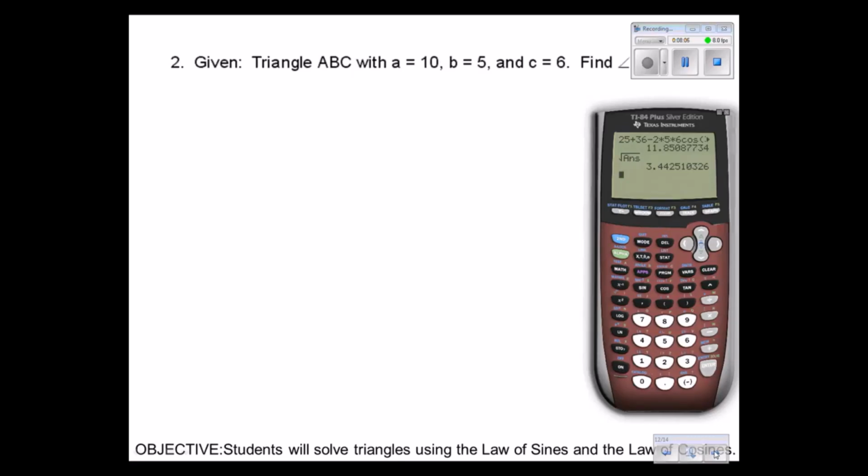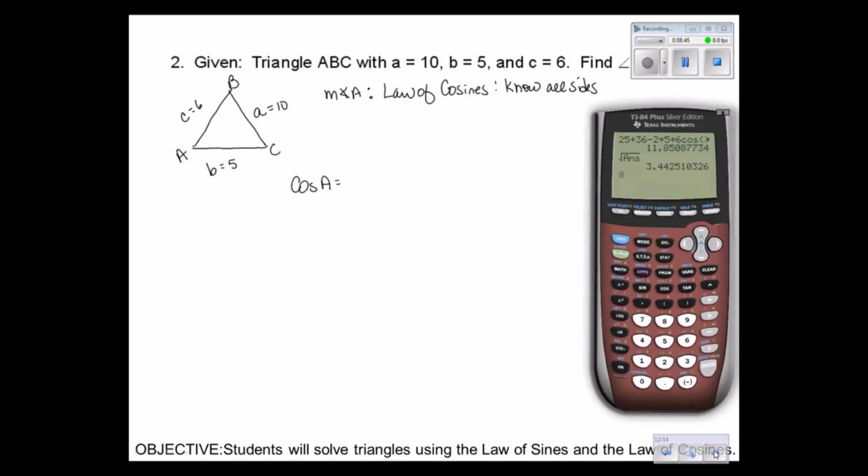Here's an example where we know all three sides, and we're going to use law of cosines. It tells us that little a is 10, little b is 5, little c is 6, and we're going to find the measure of angle A. We're doing this because we were given all sides, so this is the second version of our formula.